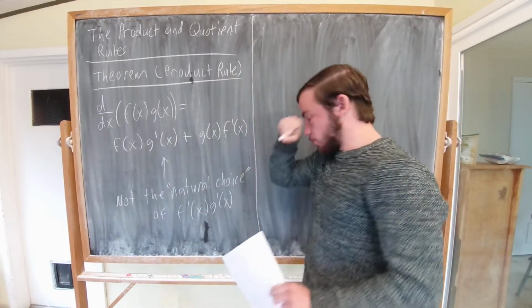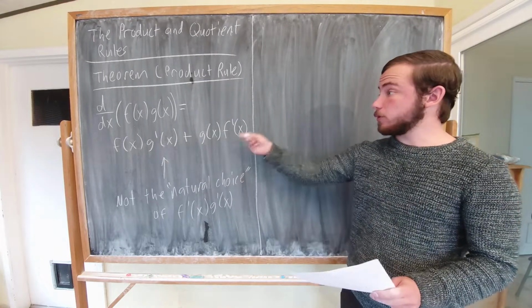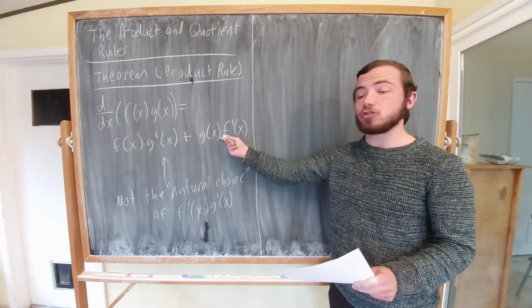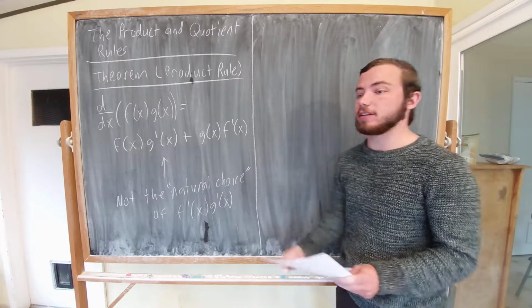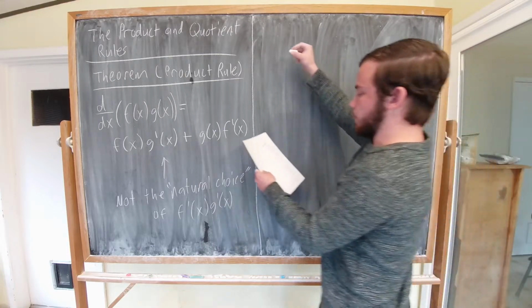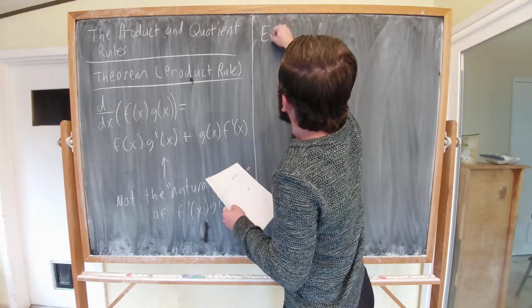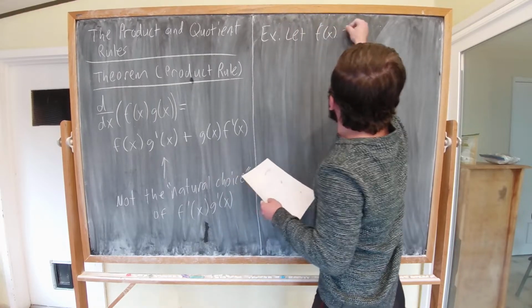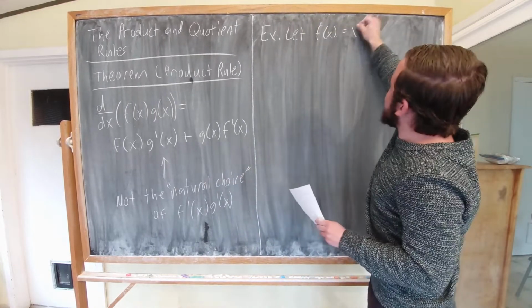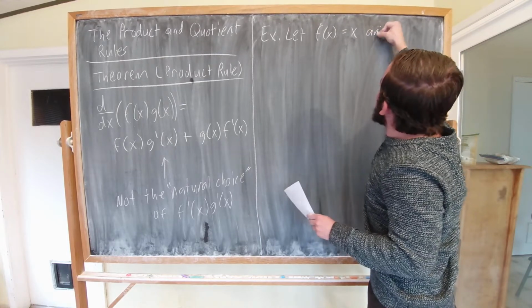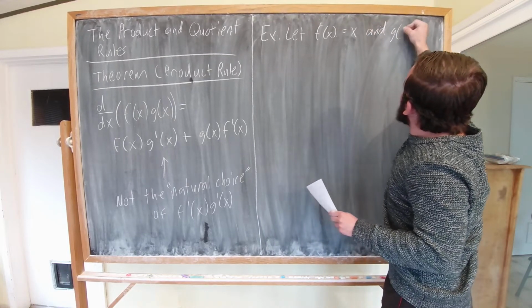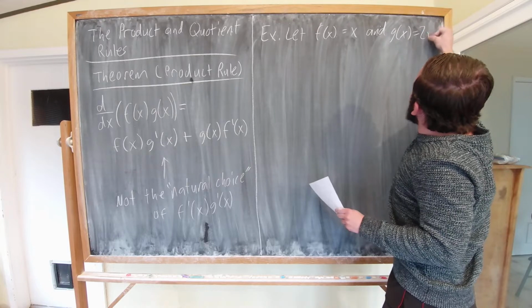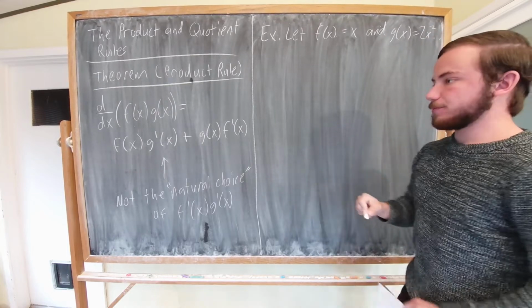But let's do an example that will hopefully convince you, hey, it should be this and not this. So, let's let f(x) equal x, nice simple function, and g(x) equal 2x squared.